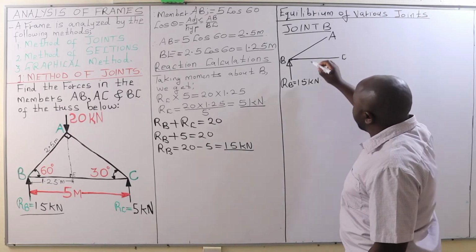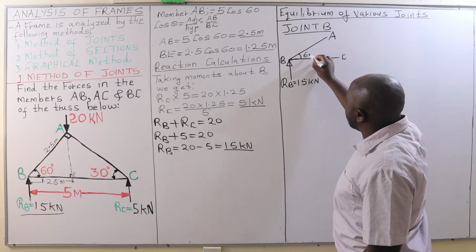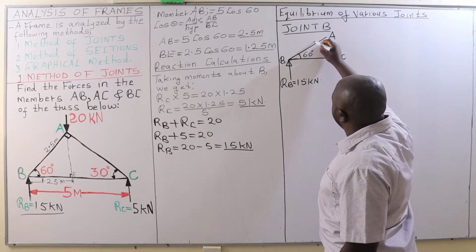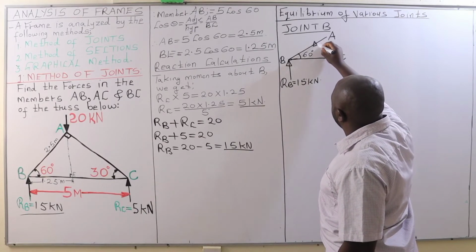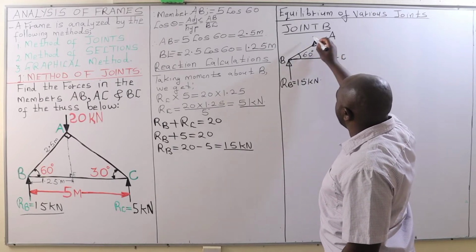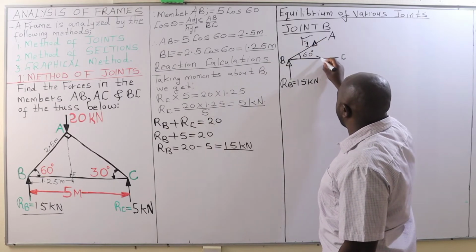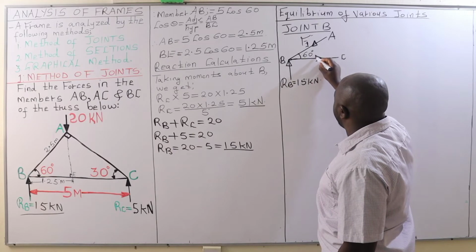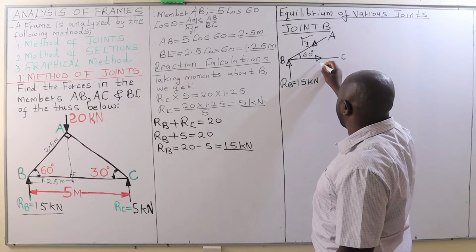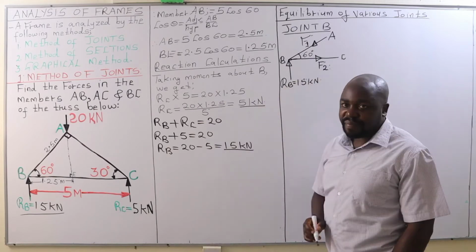The angle ABC is 60 degrees. If we assume that we have a compressive force on member AB and call it force F1, then on member AC we assume that we have a tensile force, which we call F2.